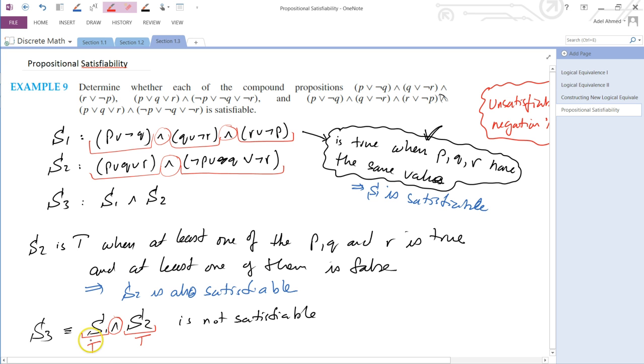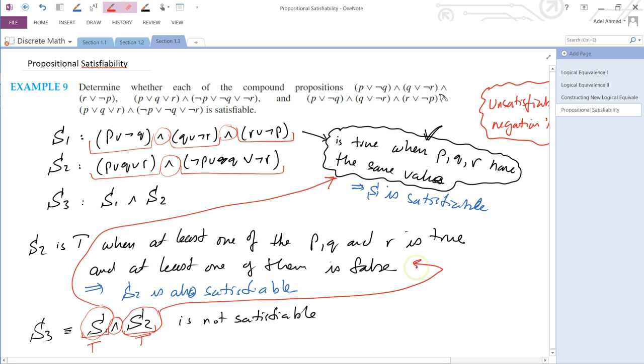Now S1 is satisfied if all of them have the same value. If all of them have the same value, then S2 cannot be satisfied, because S2 is satisfied only when we have at least one true and at least one false.